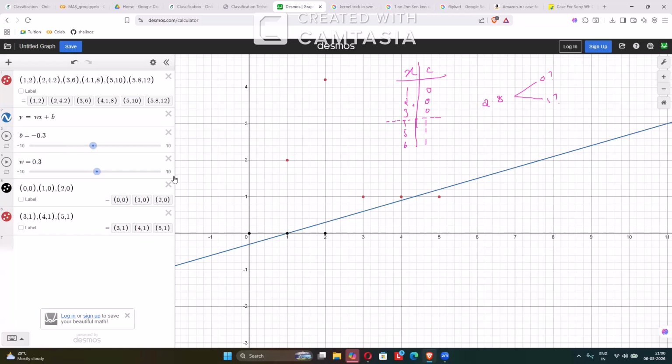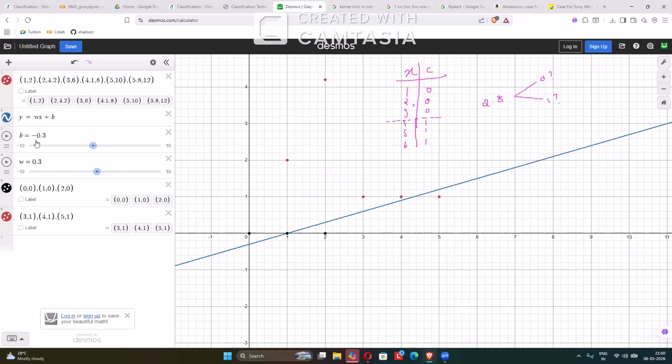You're already having two different classes, right? So to know about the distribution of this data, does this line properly give a prediction?